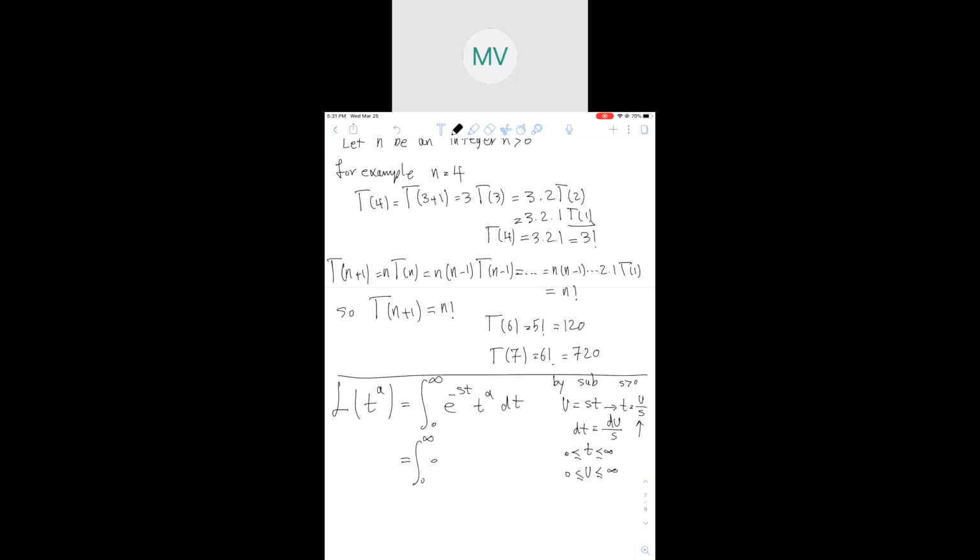So we get 0 to infinity, e to the negative u. t was u over s, so this is u over s to the a, and dt was du over s. So in the denominator, you're going to have s to the a, another one. You have s to the a plus 1. That's a constant. Let's pull that out. So we get s raised to the a plus 1. And then the integration, 0 to infinity, e to the negative u, u to the a, du.